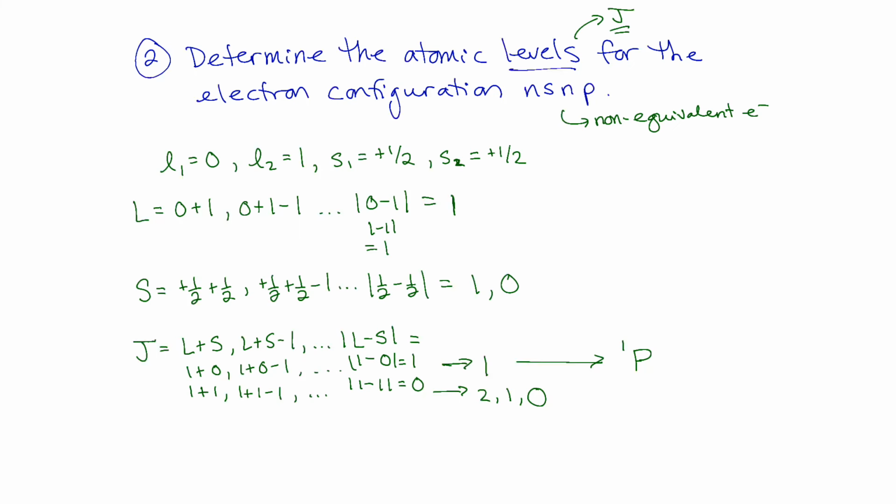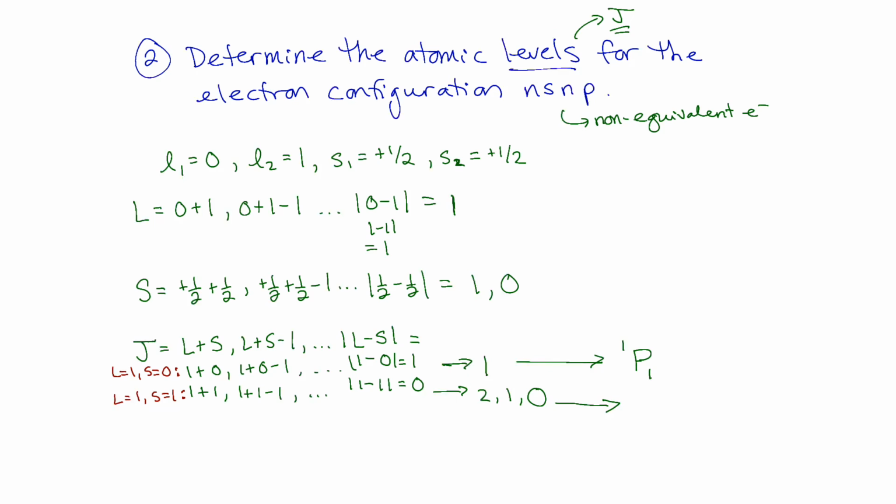And then the J that corresponds to that combo is this calculation here, so we're going to get a 1 for the J. And then for this combo of L and S, so that's our L equals 1, S equals 1, I'll just make a note here that these are for our two different combos of L and S.